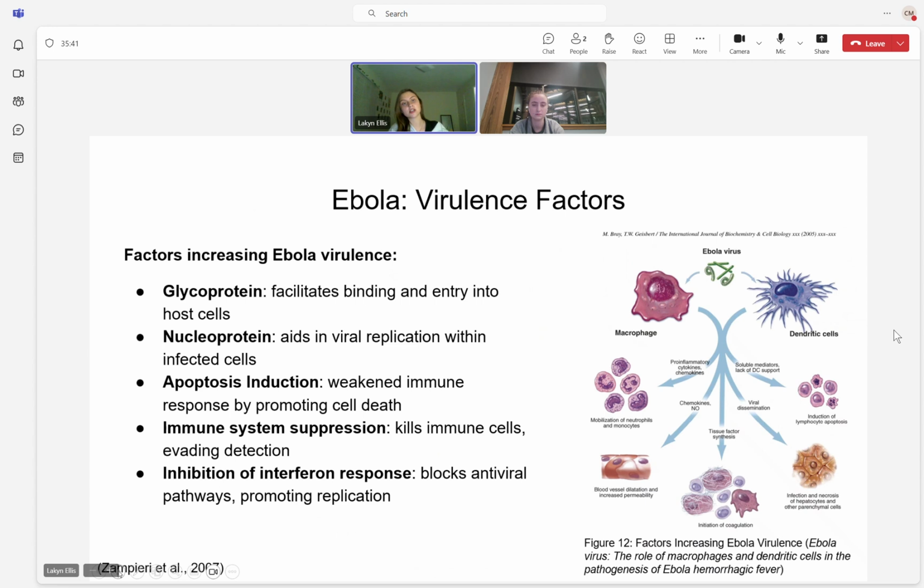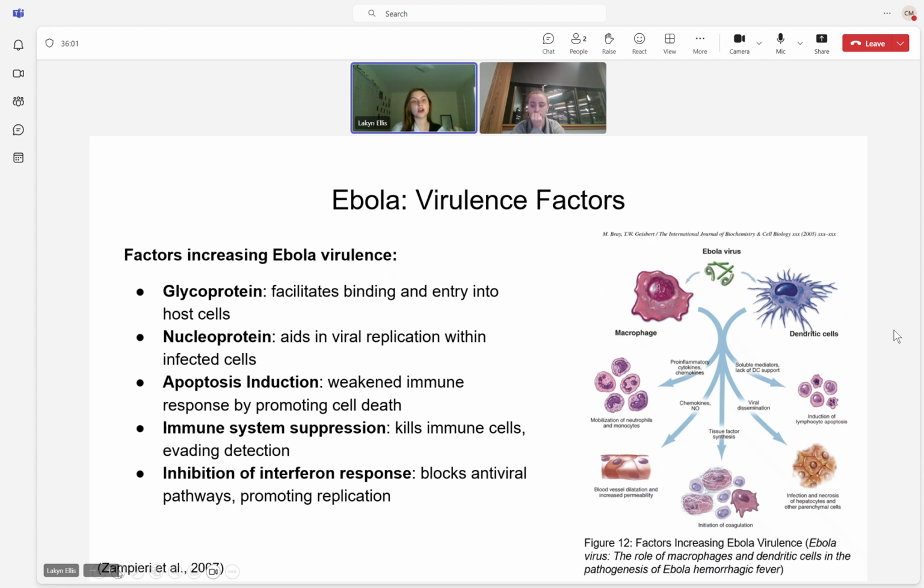So the virulence factors increasing the Ebola virus would be first glycoproteins. They facilitate binding and create entry into the host cell, which next would lead to the nucleoprotein that aids in viral replication within infected cells.